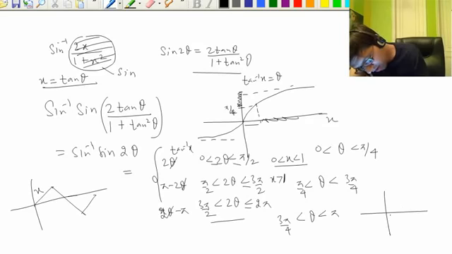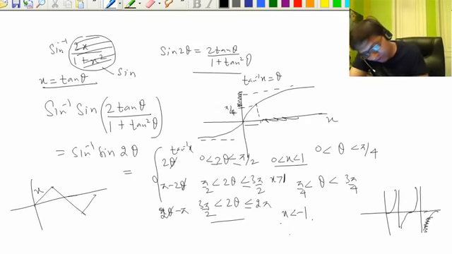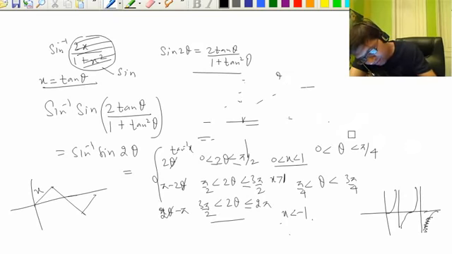Let's see from the graph of tan. If theta is from 3 pi by 4 to pi, this part comes, so this part is x less than minus 1. This is x less than minus 1, right? So better than seeing the inverse graph, you see from the graph of tan.